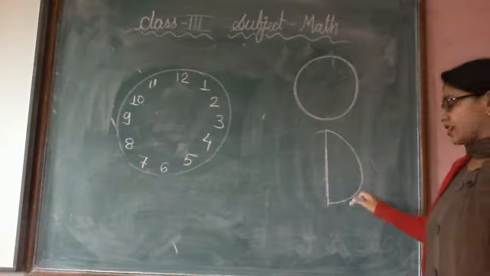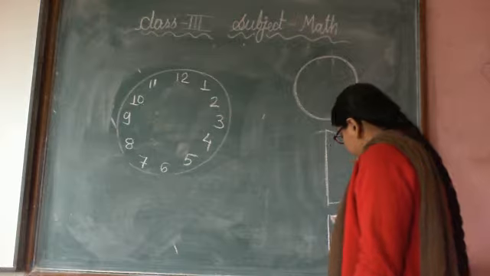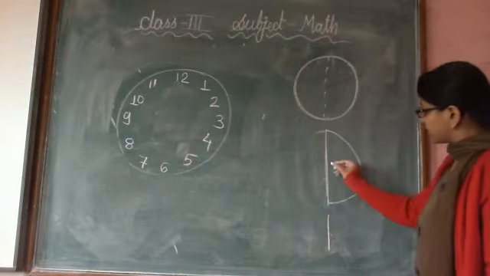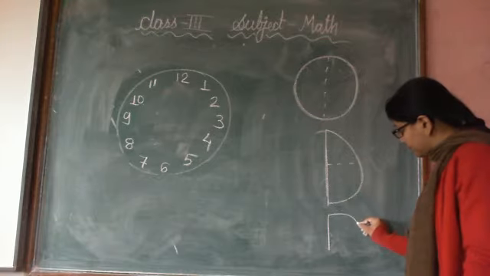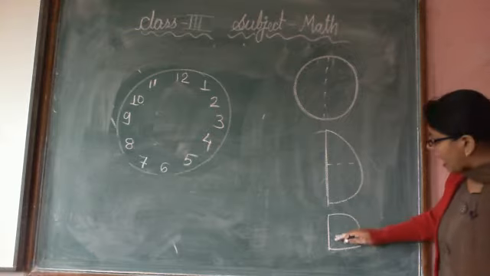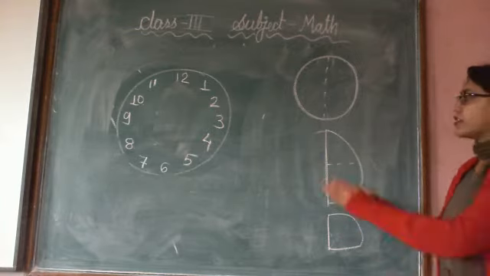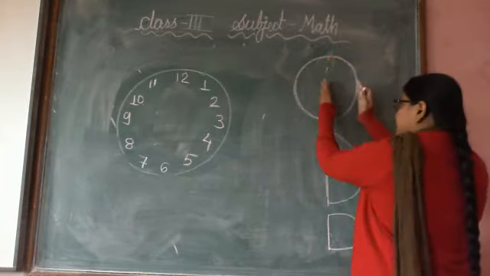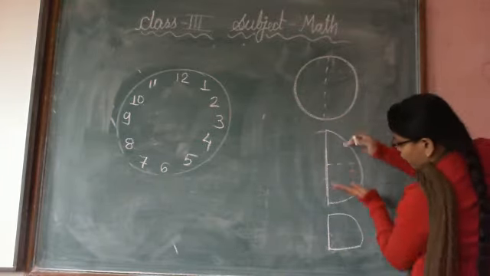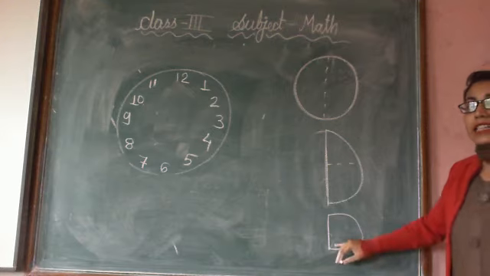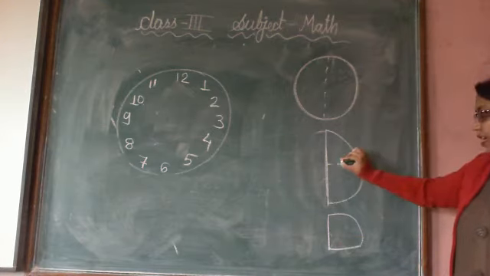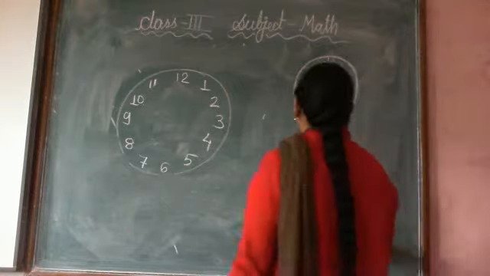This is a half circle. Now what is this? This is the half part of a half circle. This much is the half part of the half circle. So we can say this is a quarter circle. Full circle, half circle, quarter circle.